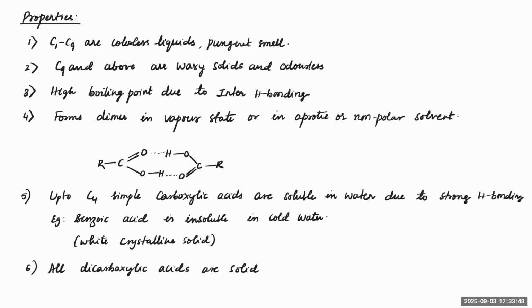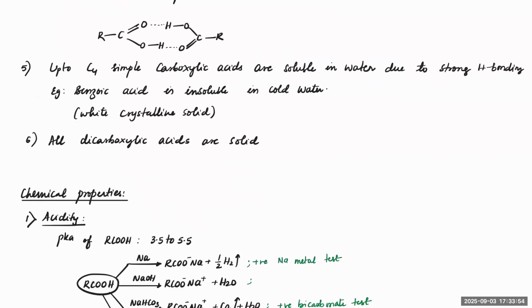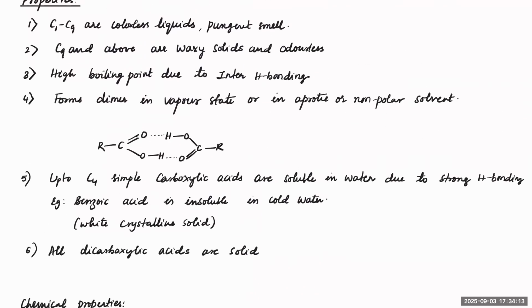Any carboxylic acid usually starts getting into dimer form in aprotic or non-polar solvents. Up to carbon 4, simple acids are soluble in water due to strong hydrogen bonding. Benzoic acid is insoluble in cold water. It will be soluble in hot water. All dicarboxylic acids are solids. Okay, these are some general properties we should know.